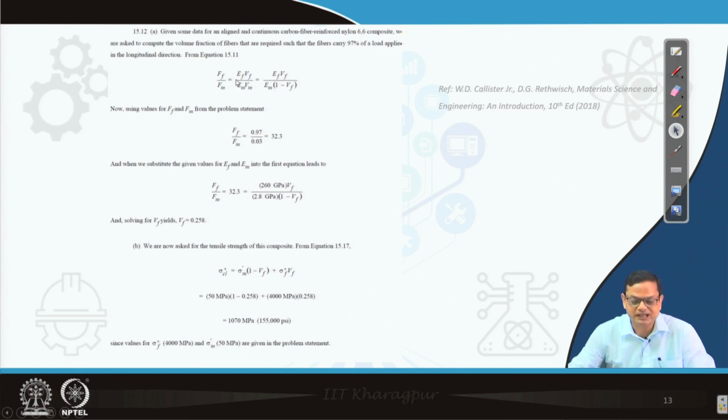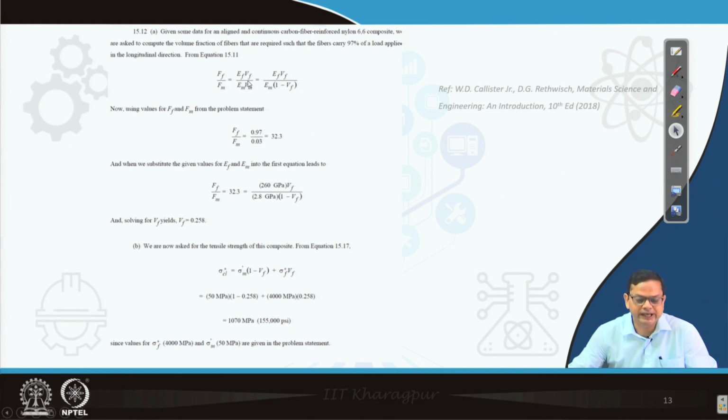If you are not getting this equation directly, then FF you can convert into sigma and A. So, FF is sigma F times AF, similarly FM is sigma M times AM, and then sigma you can convert into epsilon times the elastic modulus, because epsilons are the same, the isostrain condition.